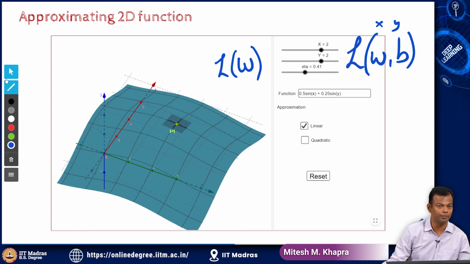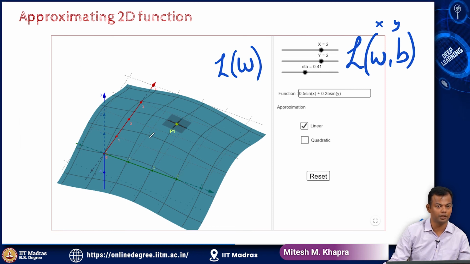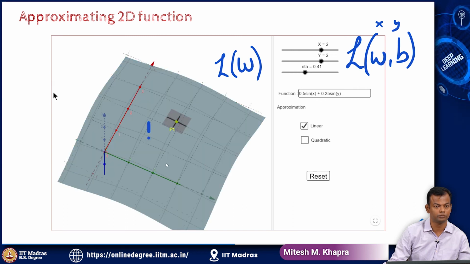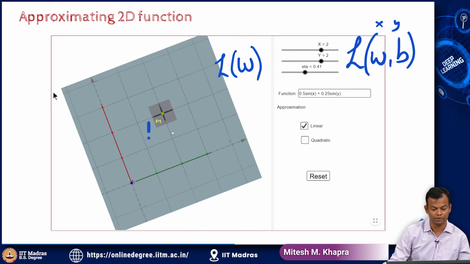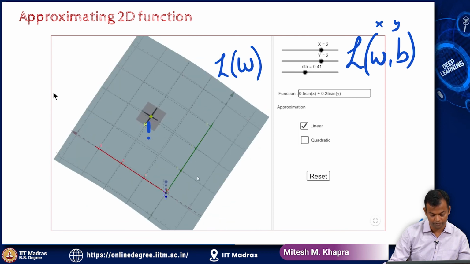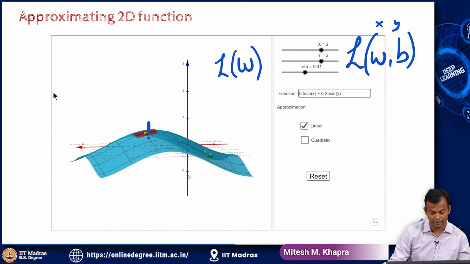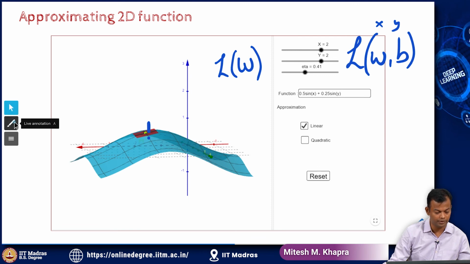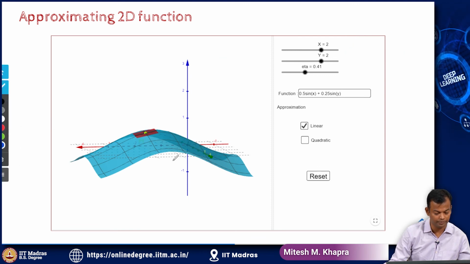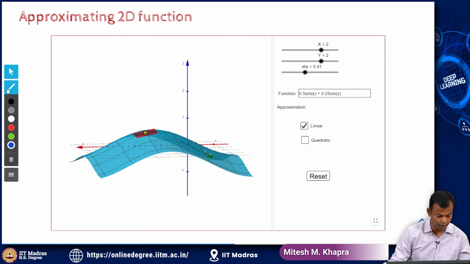But the main point is that we are moving to two variables. So this is what the curve looks like, and let me just delete my annotations.